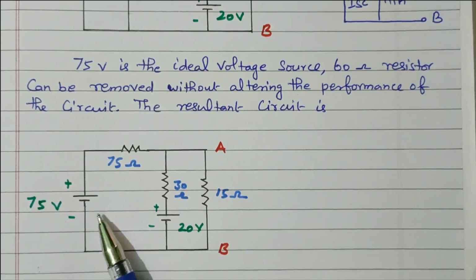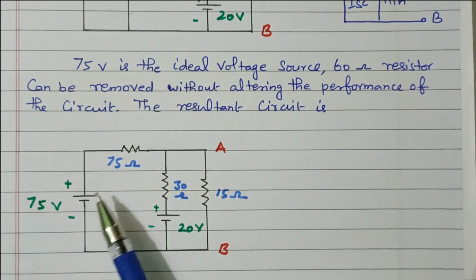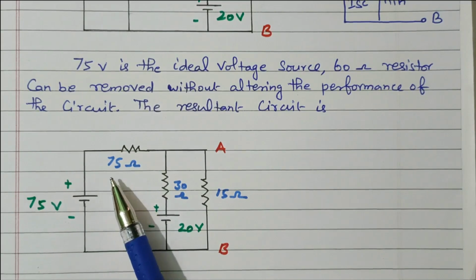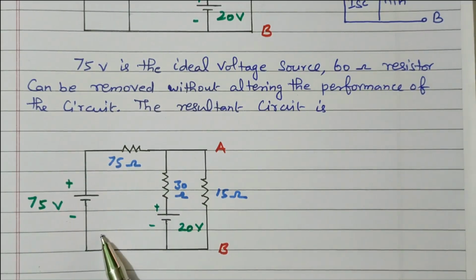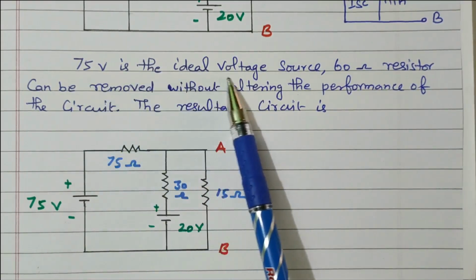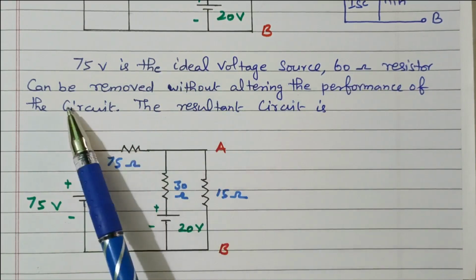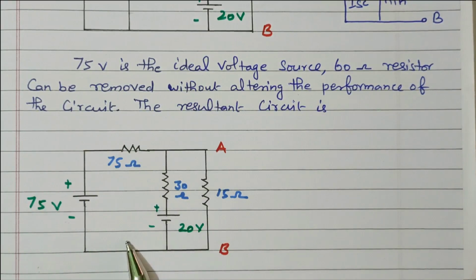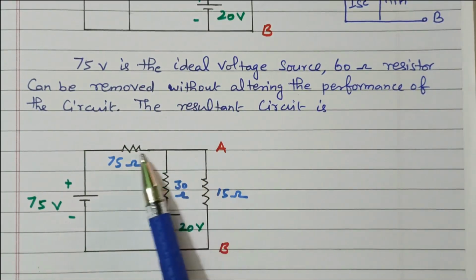Normally a voltage source is connected in series with a resistor, and a current source is connected in parallel with a resistor. So any resistor connected across the voltage source, we can remove it. So the 60 ohm resistor can be removed without altering the performance of the circuit. After removing it, this is the equivalent circuit.